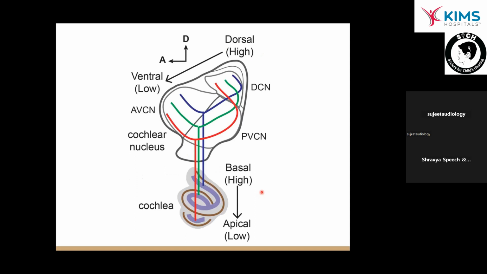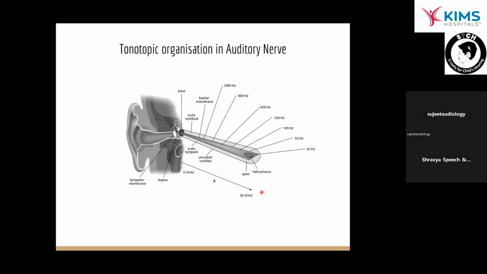Remember that. Then you can ask a question: when the cochlear implant is inserted, how is the tonotopic organization maintained, because it bypasses the cochlea and directly stimulates the auditory neuron? Remember, in the cochlear implant, it is a very crude method of assigning the tonotopic organization to the auditory neurons.